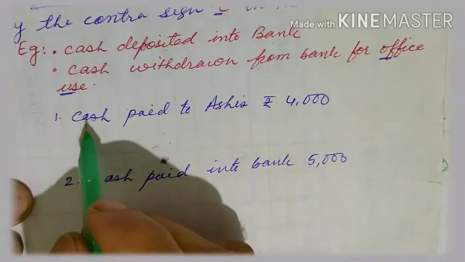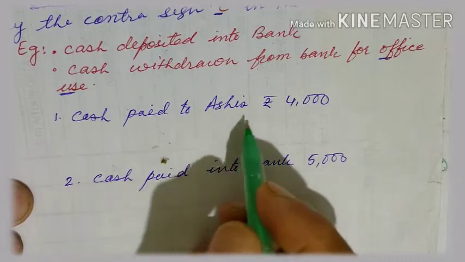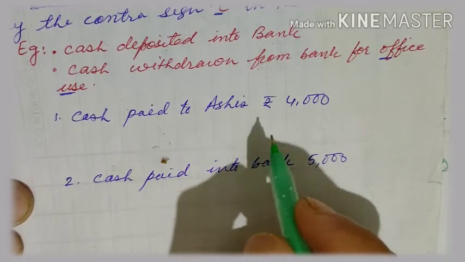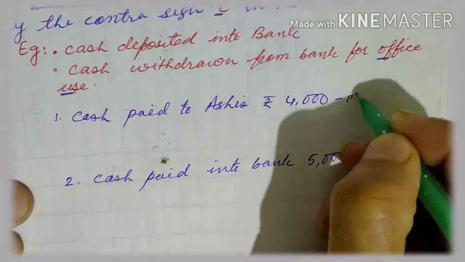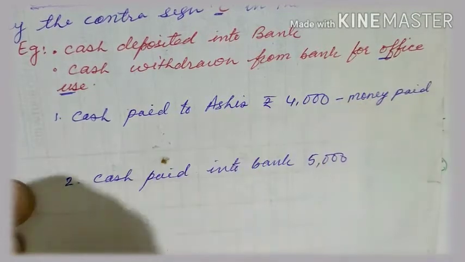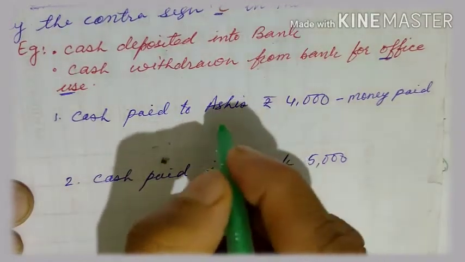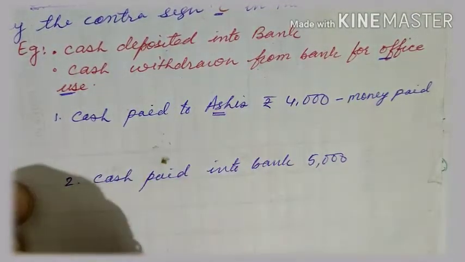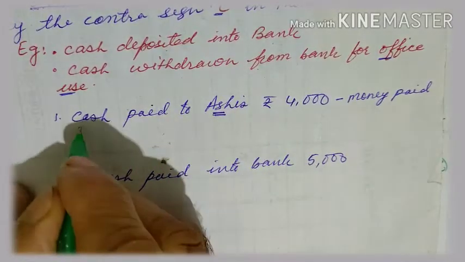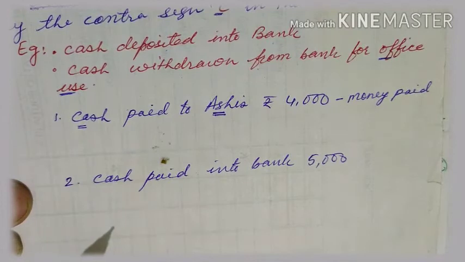Then look at here, the first transaction, cash paid to Ashish rupees 4,000. So money is coming or going? Money is going. Money is paid. Money paid to whom? Money is paid to Ashish. So one account affected is Ashish, another account affected is cash. So this is not a contra entry.